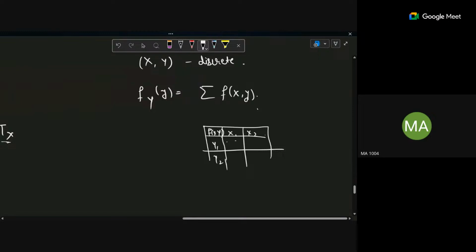Then whenever we used to calculate fy of y1, what did you used to do? You just add these terms, right? Adding up all those at some y1 equal to some value. You used to fix this y1 and vary this x1, right? And used to add these joint probabilities, isn't it? The same thing we are doing here.